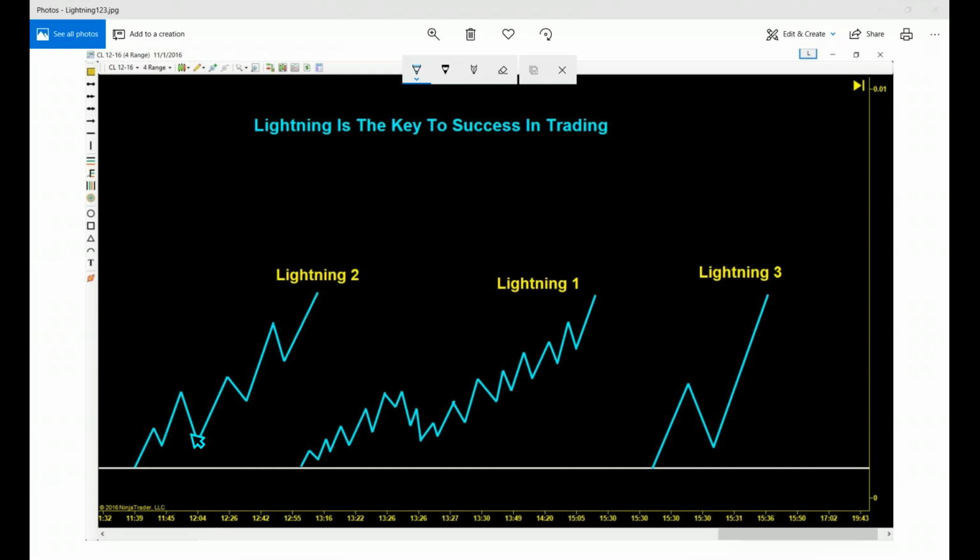Like lightning 2, for instance, you have a low here, you have a high. You don't know that's your higher low until it takes out that swing. It's really that simple. You don't know if this is your new low swing until it takes out this swing to the left for sure, and even this swing to the left also.